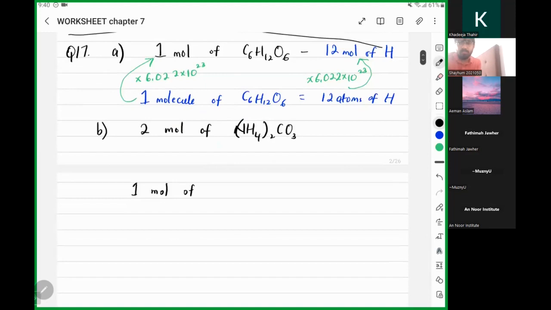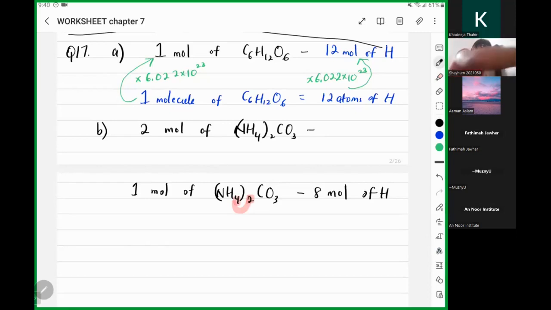It has 8, because here 2 into 4. This 2 is common. So if 1 mole has 8 mole of hydrogen, 2 mole has how much? 16. Yeah. How did I get that? Because this into 2, so this also into 2. Simple. So we'll leave it at that.